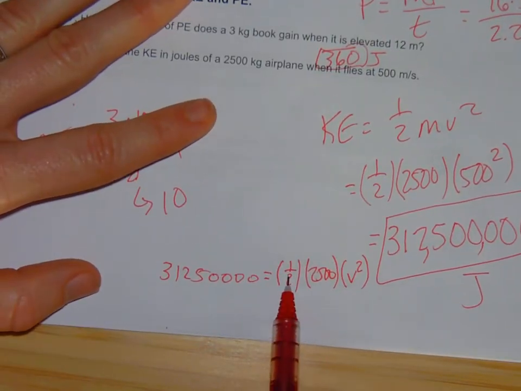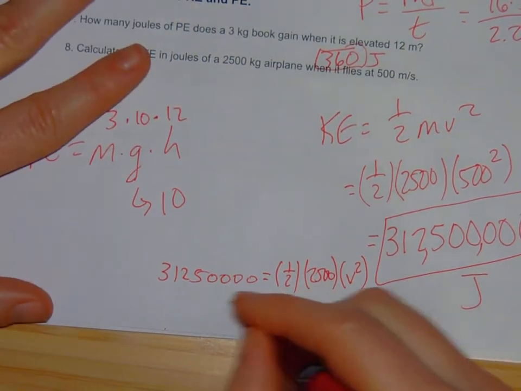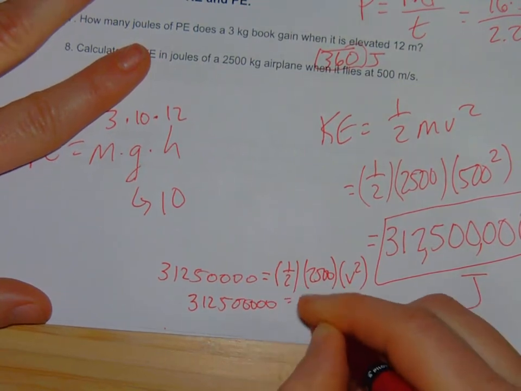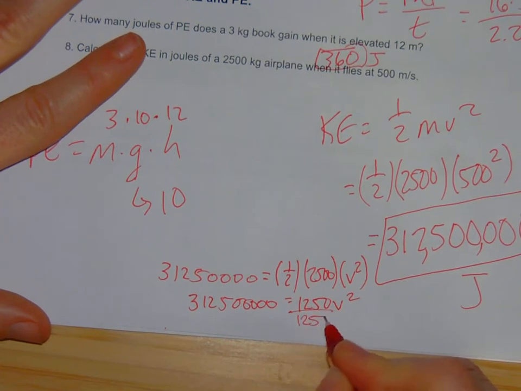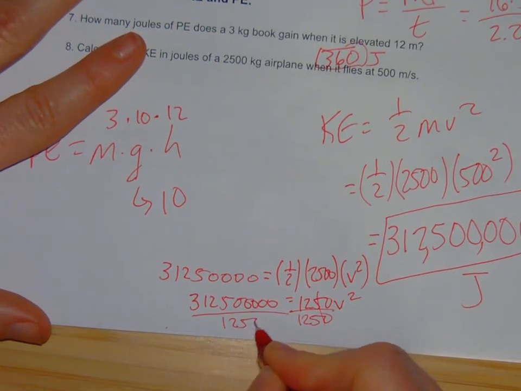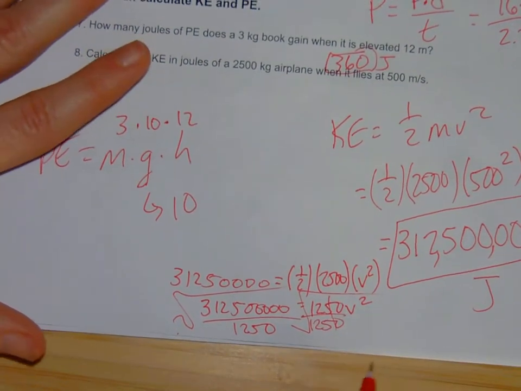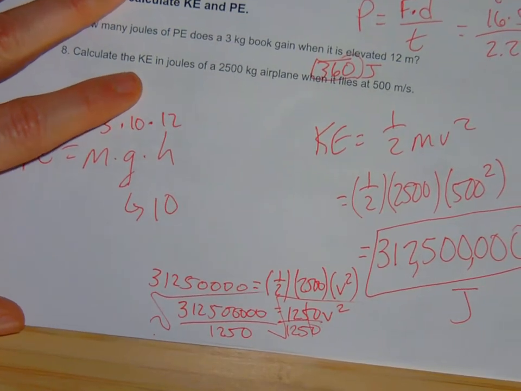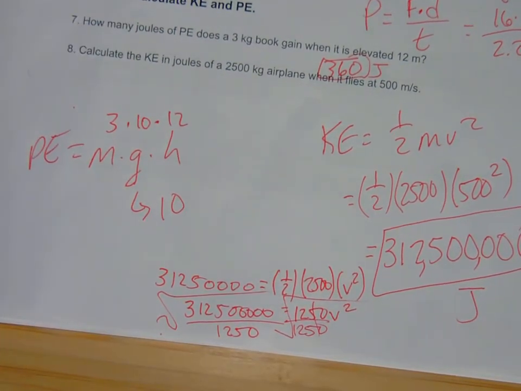So remember, we would take half of 2,500, which is 1,250. Then we would divide by 1,250. Okay, hopefully this is coming back. And then you would take the square root of each side. So the answer is going to end up being 500, because I just flipped this problem on end. But make sure you can do that. Now you know how to take the square root on a calculator and all that good fun stuff. All right, good luck.